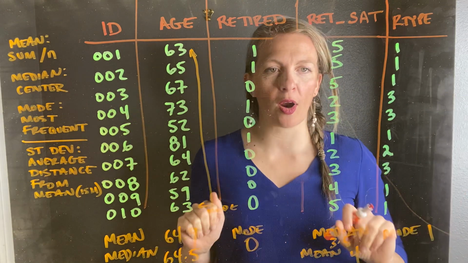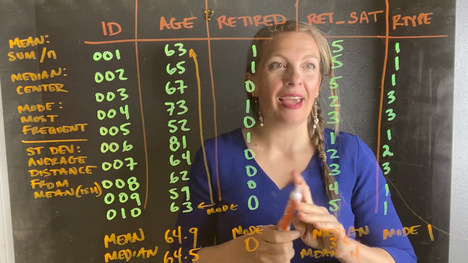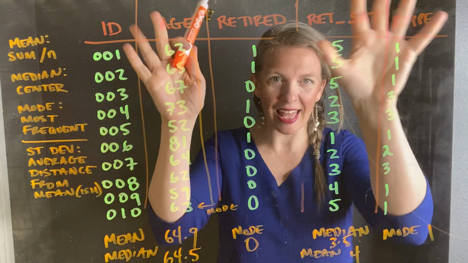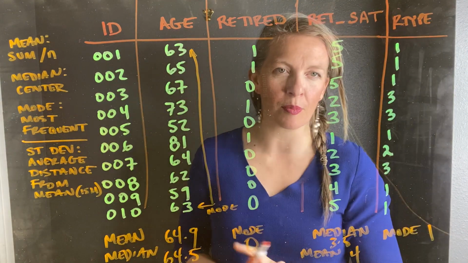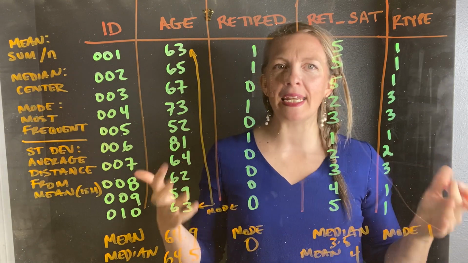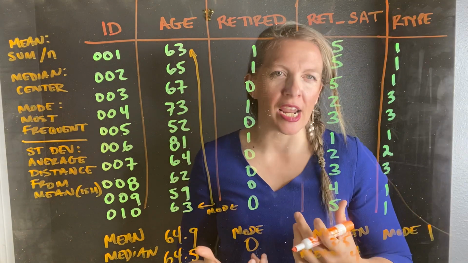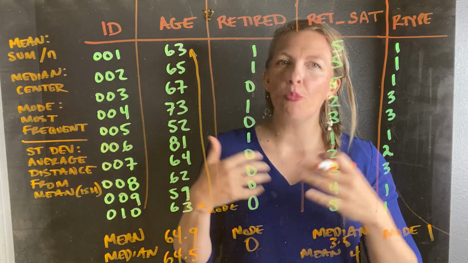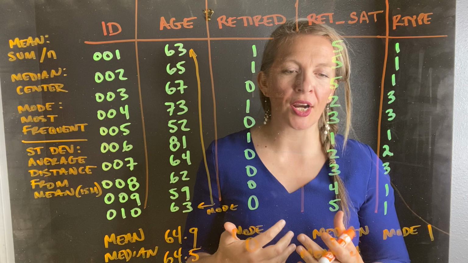So that all describes central tendency. And again, we can describe our data set, and imagine we have like 10,000 observations. So we couldn't just look at the numbers and talk about this. We can now say the average age of people in our data set is 64.9. Most of them are not retired.